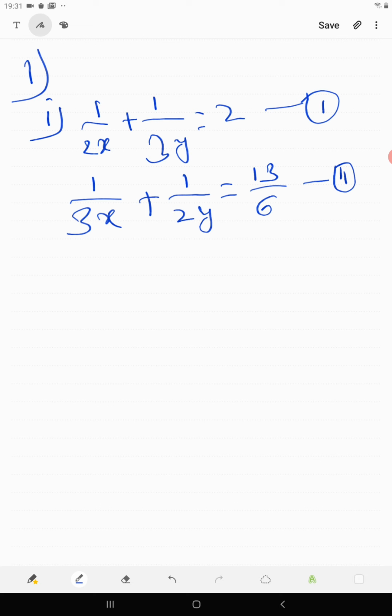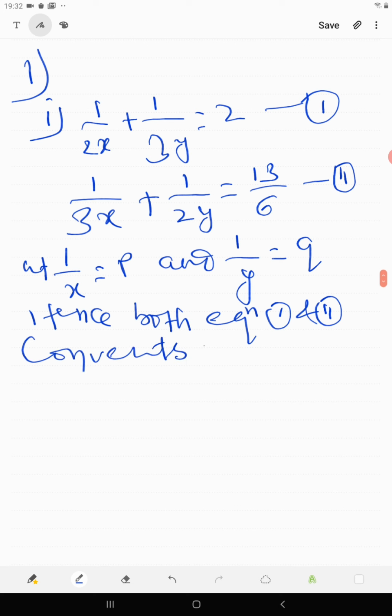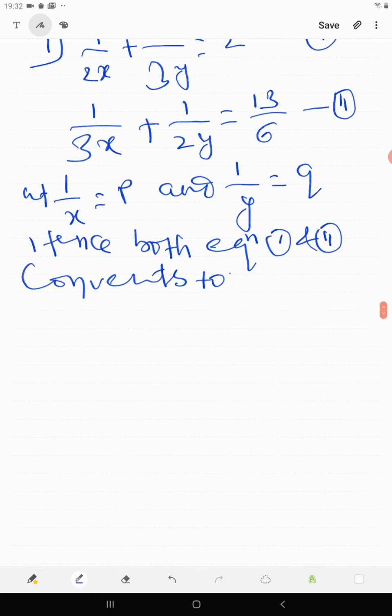So how will we convert it? We need to convert it first. So we will assume, let 1 by x equals to p and 1 by y equals to q. So both equations 1 and 2 convert to, how will it convert?